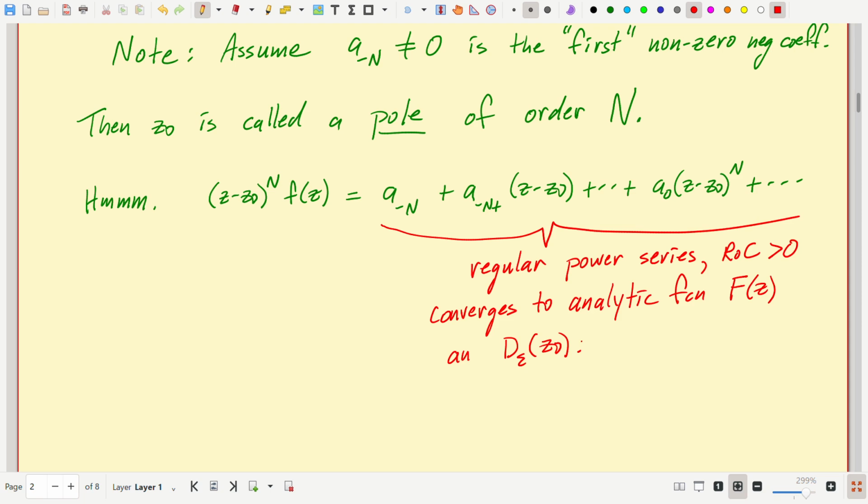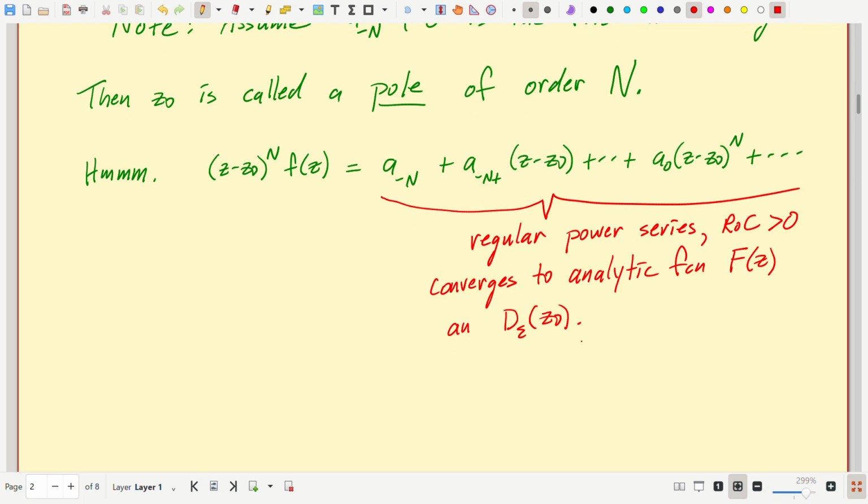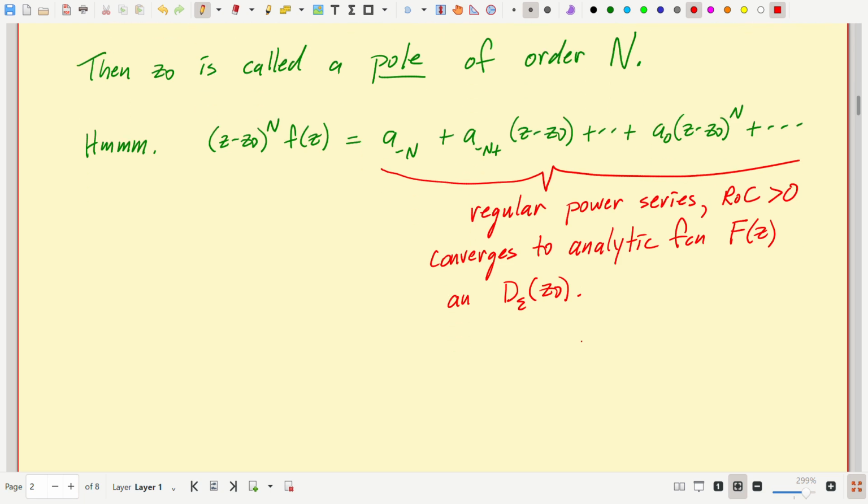Pick a z in there, it would converge, and so we know the radius of convergence would be greater than or equal to epsilon. And notice that capital F at z naught is equal to a sub minus n, and that's not equal to 0.